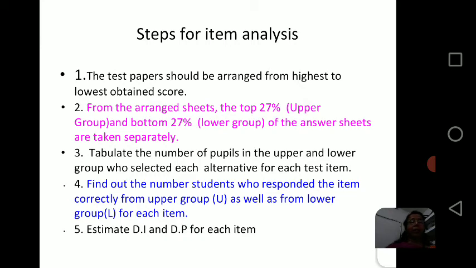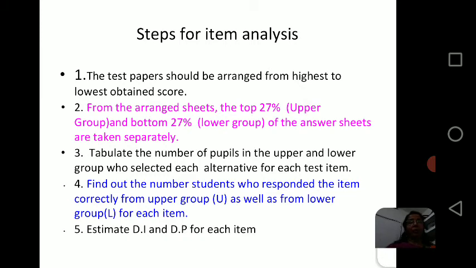Then, like that, you find out the number of students who answered correctly in the lower group also. Let it be L. Then you have U and L for item 1. Then you calculate U plus L by 2n. N means the total number of students in each group. N is 100 students, 27% students is 100 for our upper group.